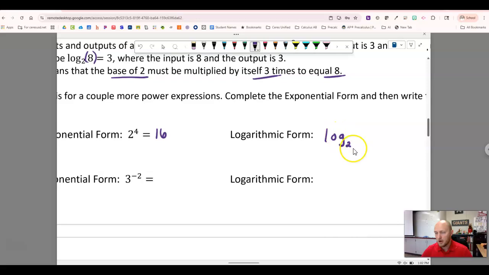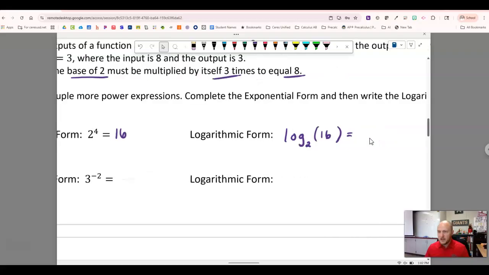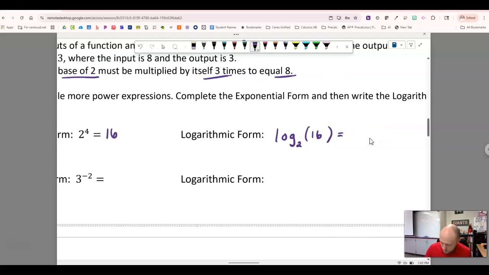So log base 2, and then inputs and outputs switch. Logarithms have parentheses, almost like trigonometric functions, sine, cosine, tangent, where you plug a quantity in. So we have log base 2 of 16, and what we get out is 4.